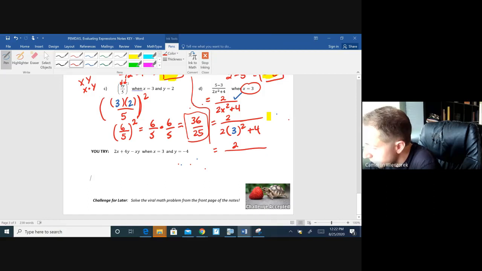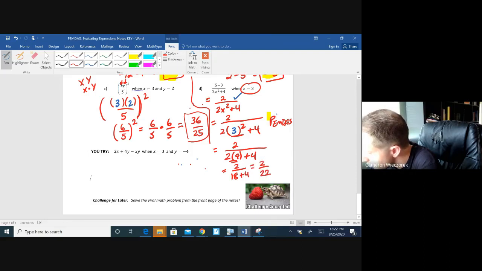I do my exponents now in the bottom according to PEMDAS. Exponents comes first, so I would do 3 squared, which is 9. So I have 2 times 9 plus 4. Then I would do multiplication, 2 over 18. It's 2 times 9 plus 4, and then I would add 18 plus 4.